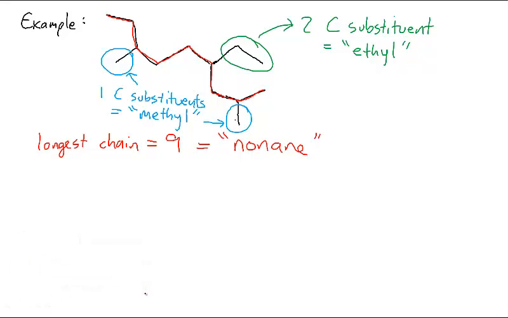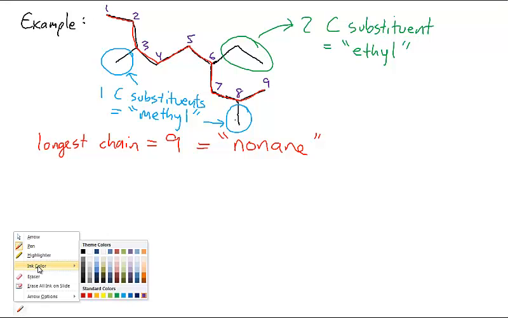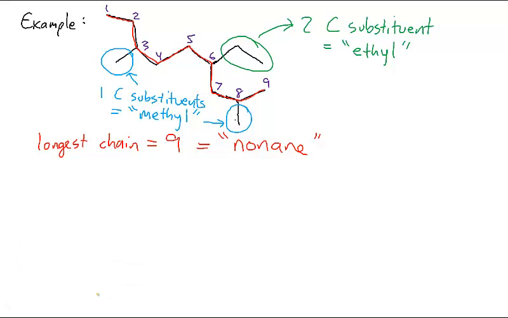And I can number my chain in 2 different directions. I could go 1, 2, 3, 4, 5, 6, 7, 8, 9, those purple numbers. Or I could go with these orange numbers: 1, 2, 3, 4, 5, 6, 7, 8, 9.